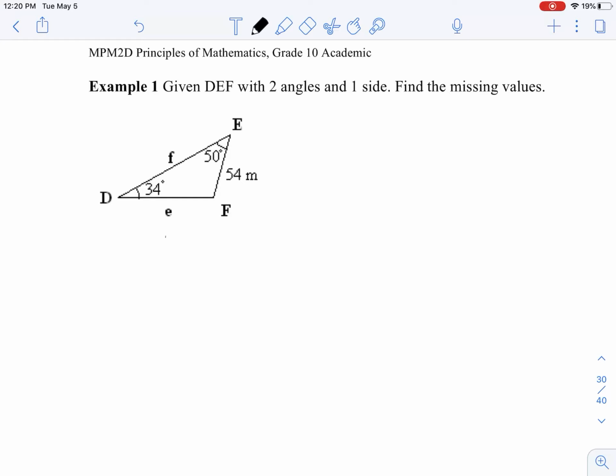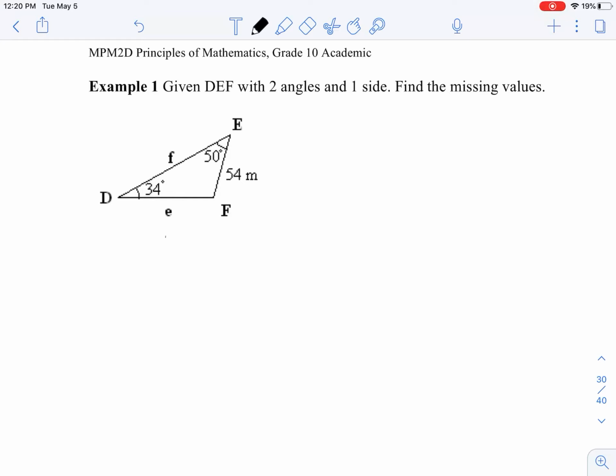If I take a look at E, so side E, I'm going to write out sine E over E. If I take a look at that ratio right there, I know 1/2 of this ratio. Angle E is 50 degrees, but I don't know side length E. So I've got 1 of the 2 pieces of this ratio.